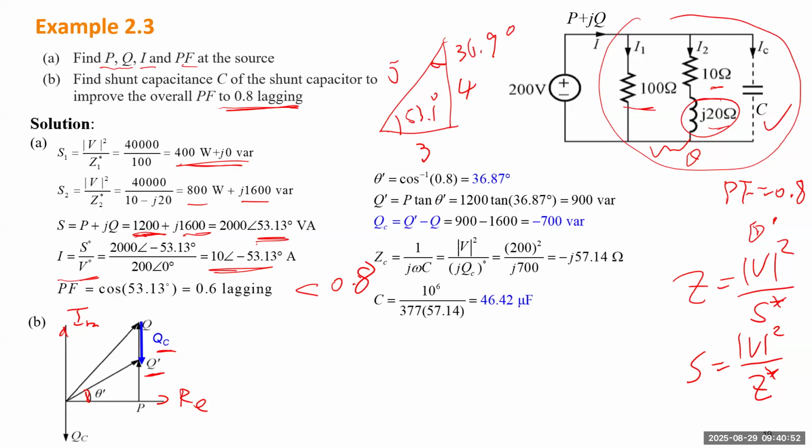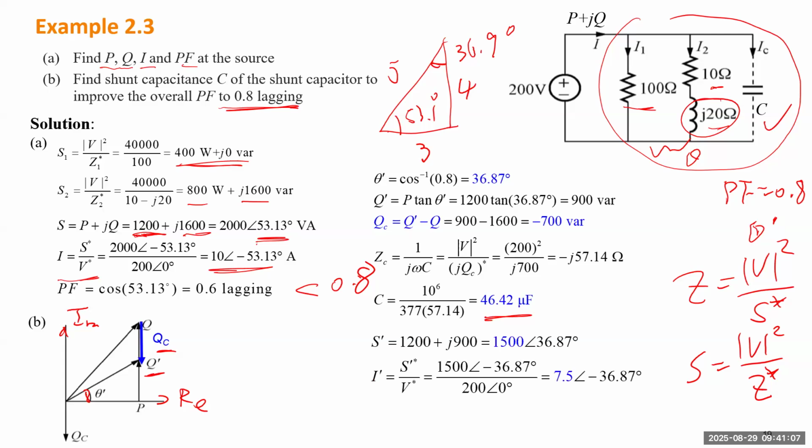So that's this formula. So ZC will be negative j57. The negative sign indicates it is a reactive, capacitive load. And C will be around 46 microfarads. Using this added capacitor, finally the total complex power will be 1200 plus j900.